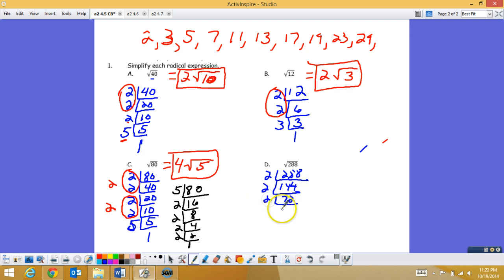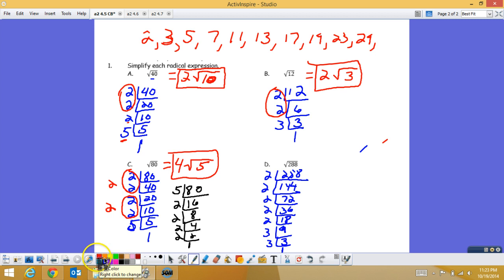Still even, so 2 goes into 72 36 times. Still even, so 2 goes into 36 18 times. 2 goes into 18 9 times. No longer even, but 3 goes into 9 3 times. And 3 goes into 3 once.